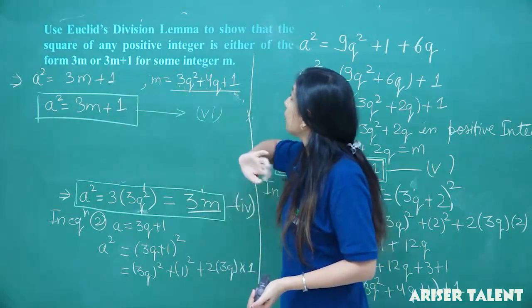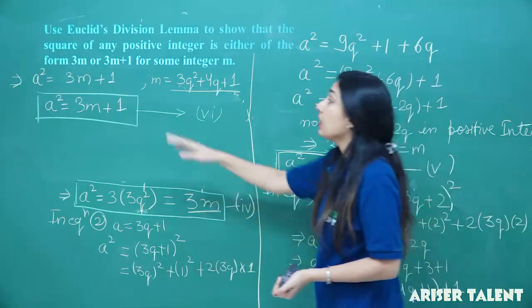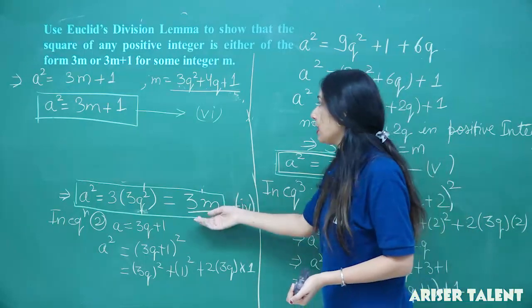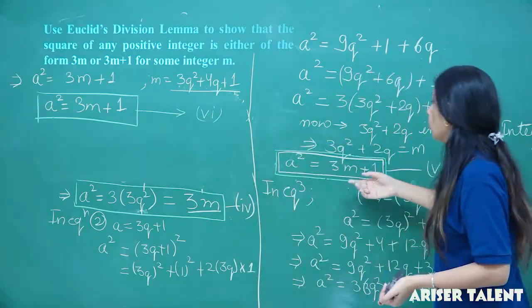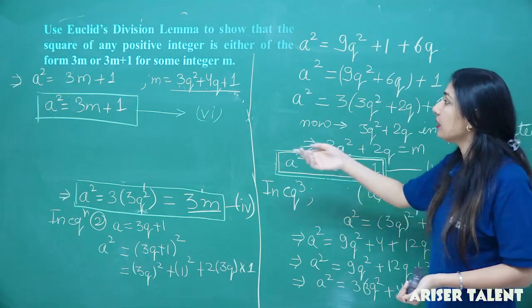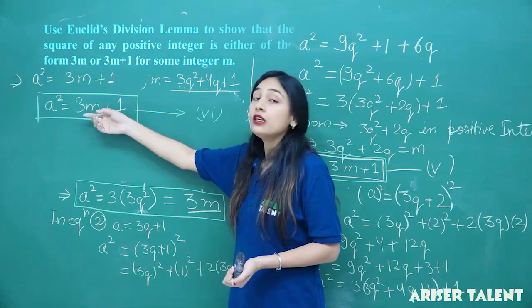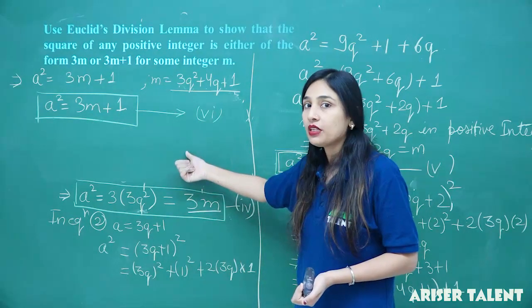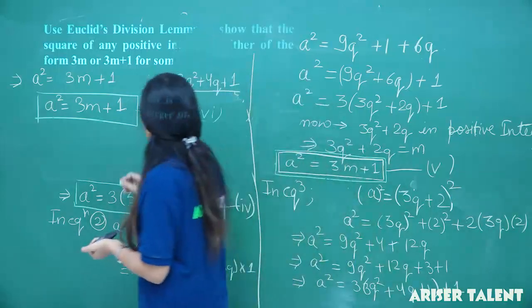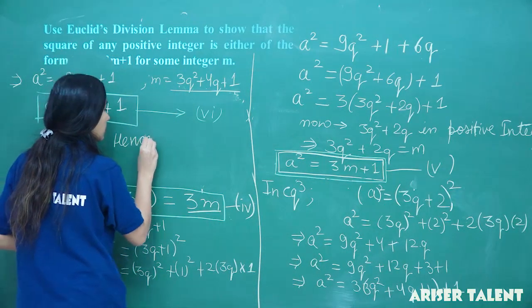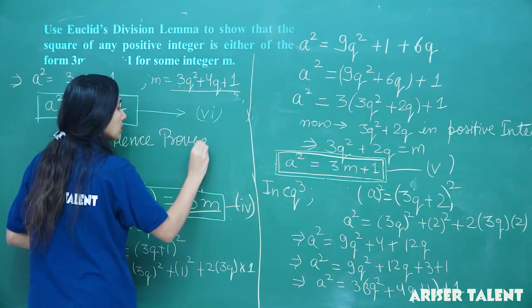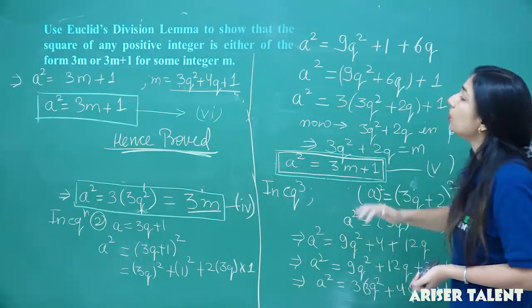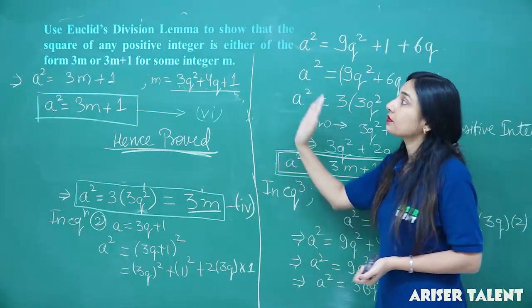In the first one we got 3m, and in the second and last ones we got 3m plus 1. So hence proved. We have proven this theorem.